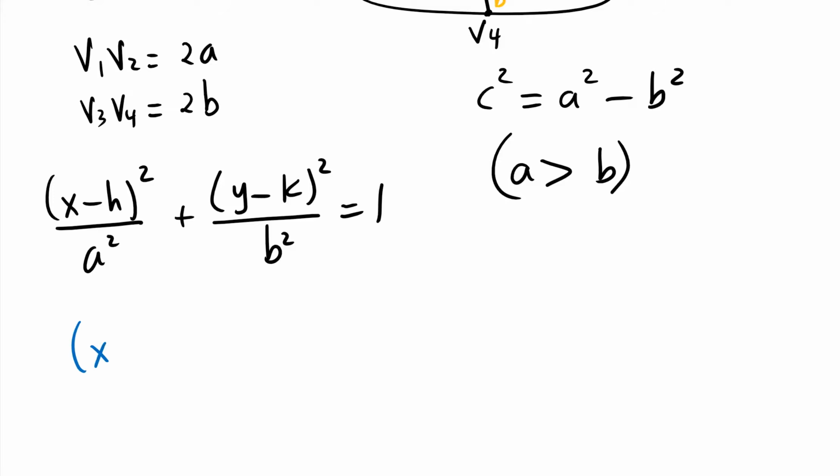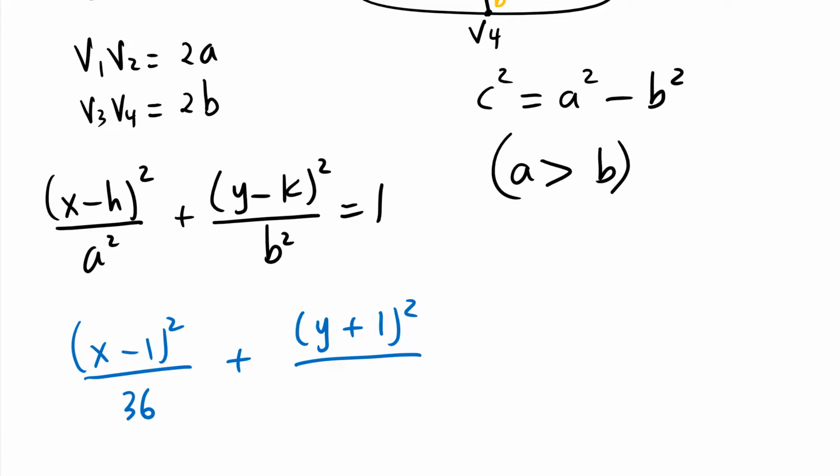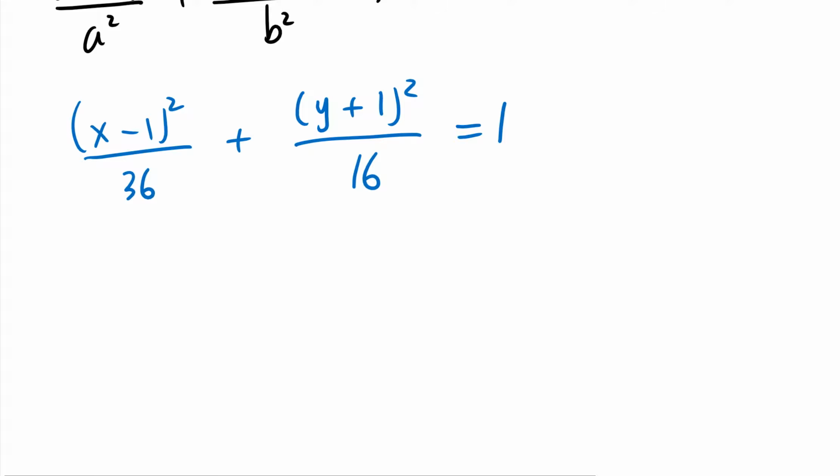So let's take an example. Let's say (x minus 1) squared over 36 plus (y plus 1) squared over 16 equals 1. So here the center is (1, negative 1).